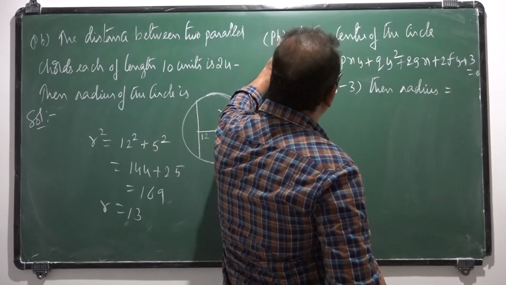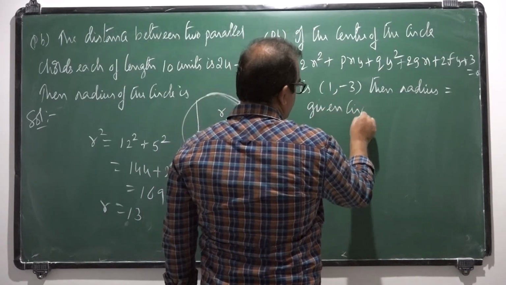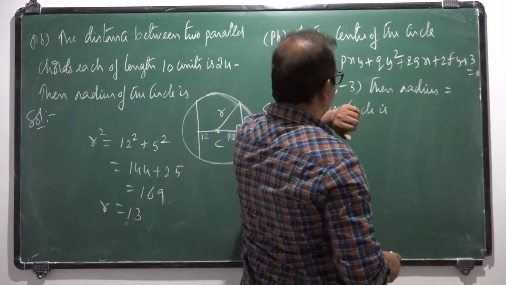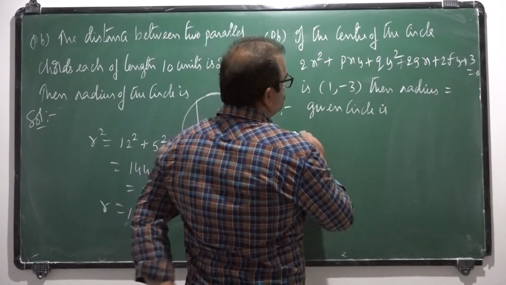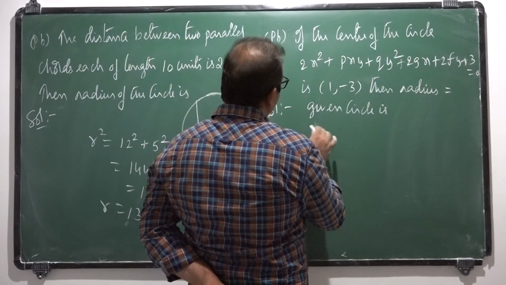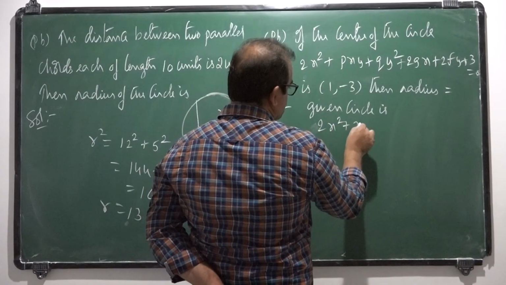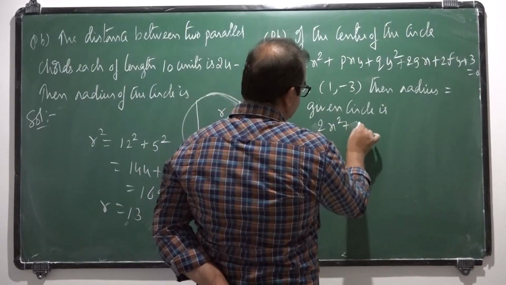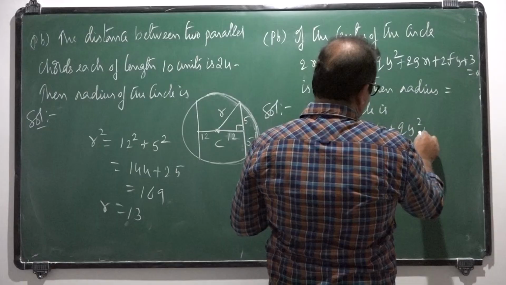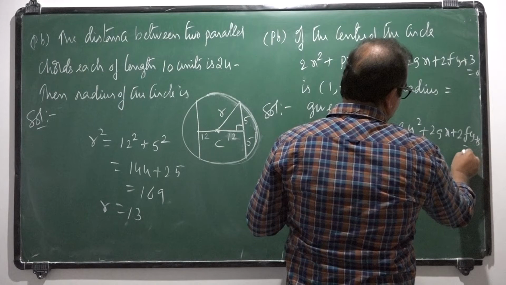Okay, first what is the given circle here? Given circle is, first reduce this circle into standard form. 2x square plus pxy plus qy square plus 2gx plus 2fy plus 3 is equal to 0.